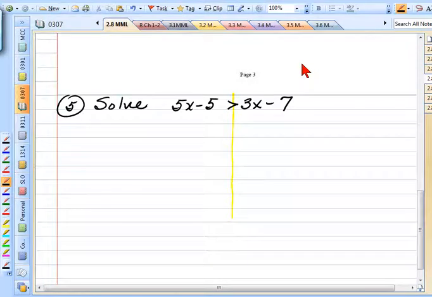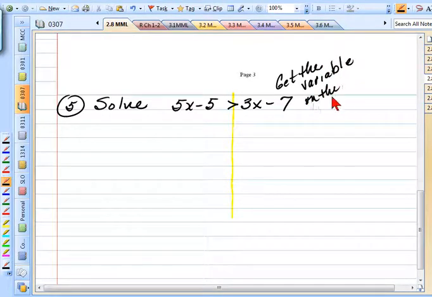It's still true that you could get rid of either one, but I recommend get the variable on the right. It's just going to save you a lot of grief if you will always do that. Which means I don't have any choice. I need to get rid of 3x.